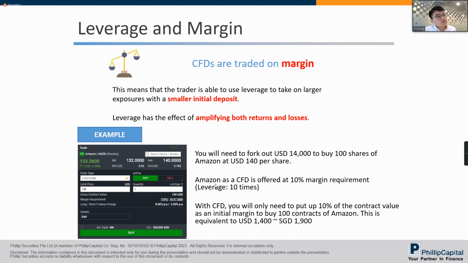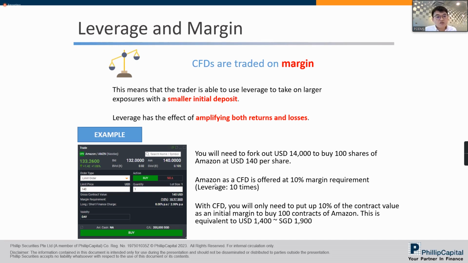So, for example, you will need to fork out USD 14,000 to buy 100 shares of Amazon when Amazon is at a price of US$140 per share. But Amazon as a CFD is offered at only a 10% margin requirement, which means leverage of up to 10 times.